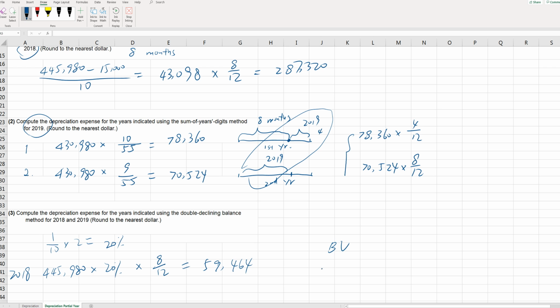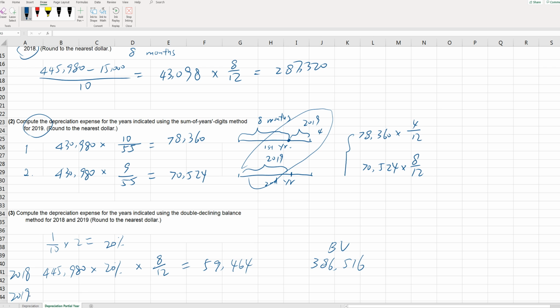And we can get my remaining book value. Remember, book value is the cost less the accumulated depreciation.